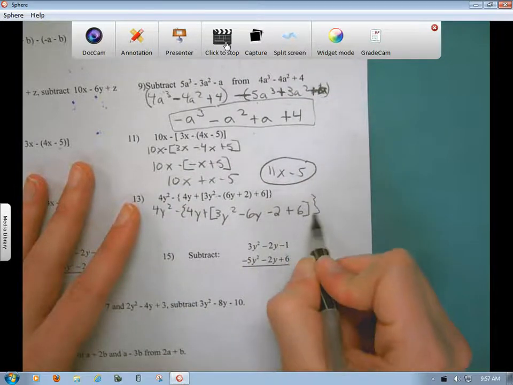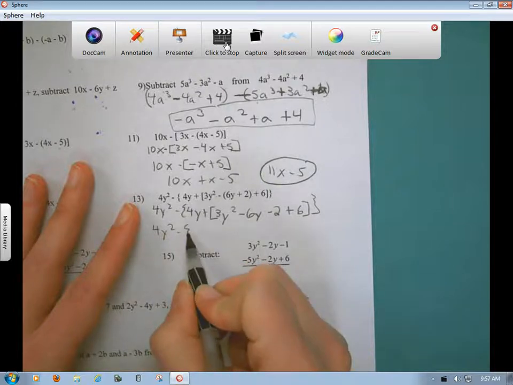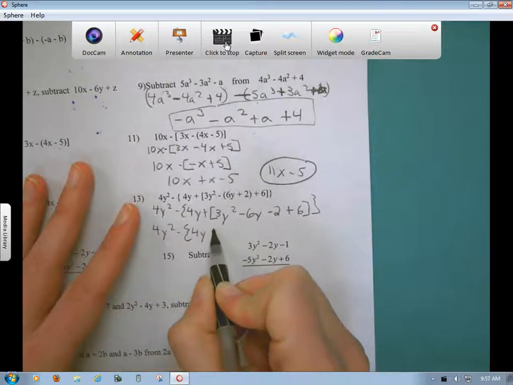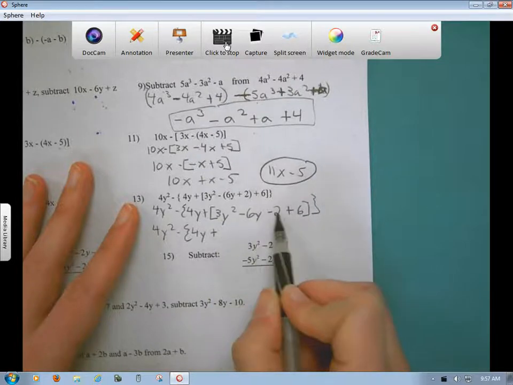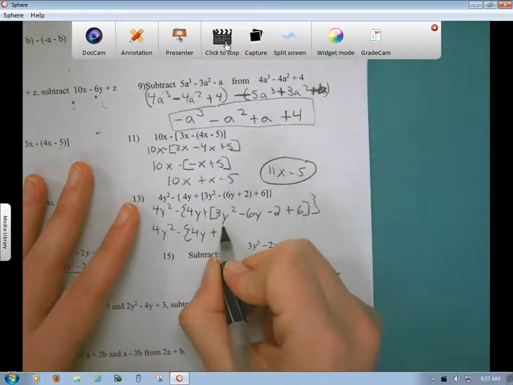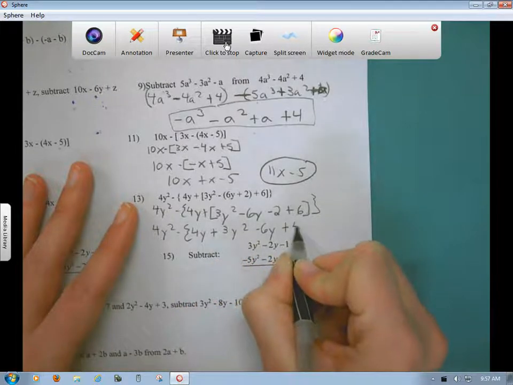So now my like terms on that inside bracket are no squares, no y's, but I can combine the constants. So I have 3y squared minus 6y plus 4.